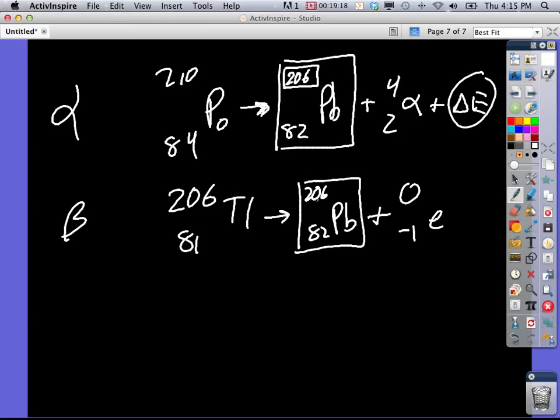A proton. It gained a proton. If it gained a proton by losing an electron, what do you call it when you add a proton to an electron? If you combine those two, what is that thing? A neutron. So this has a neutron becoming a proton plus an electron. That's what happens in a beta decay.